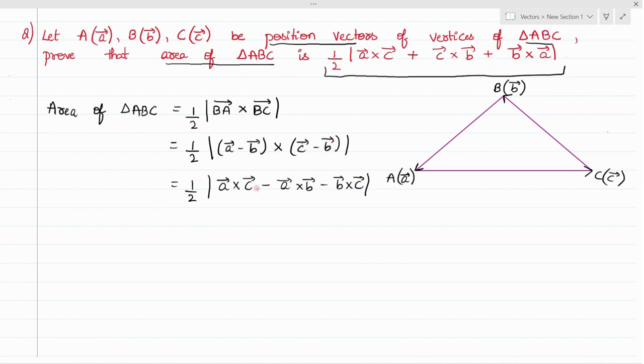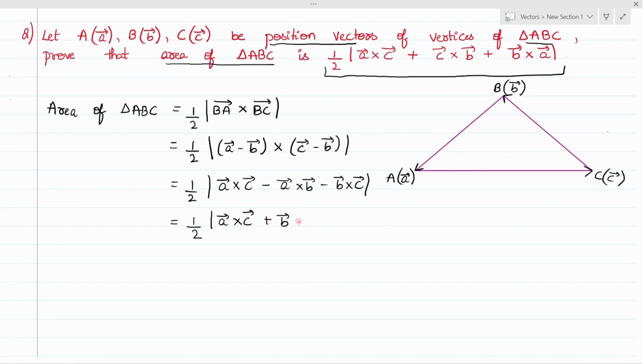So now here it is A cross C. Okay. Next, minus A cross B can be written as plus B cross A. This also we have discussed in the properties of vector product.